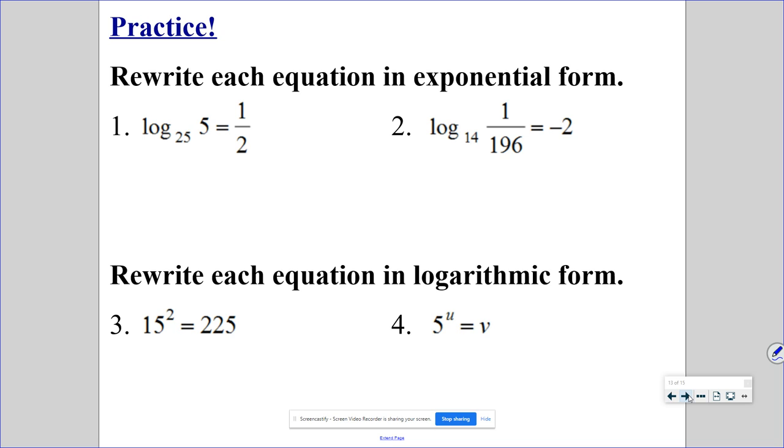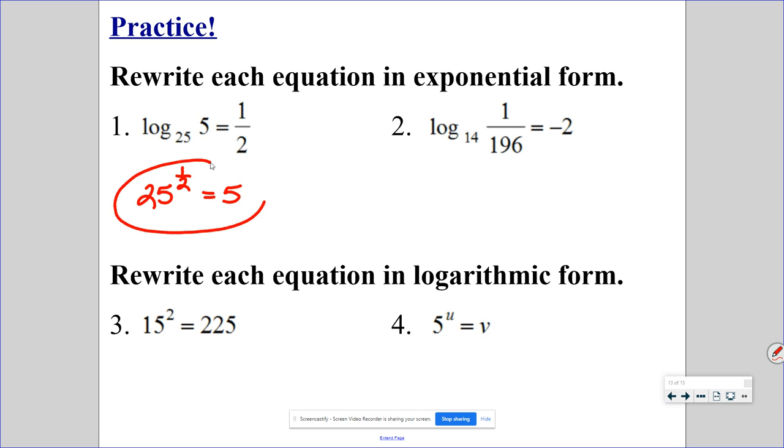Okay. The next thing we're going to do is work on rewriting things in exponential and logarithmic form. It's like a pattern. So here's how this works. Log base 25 of 5 is equal to 1/2. That's a given statement. Why is that? Well, that's because 25 to the 1/2 power is equal to 5.